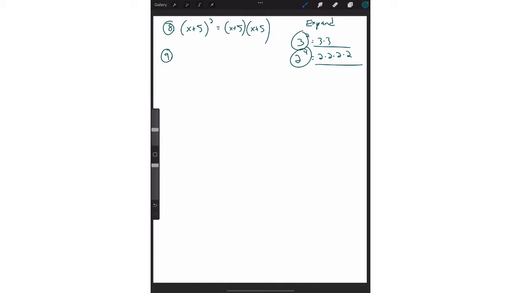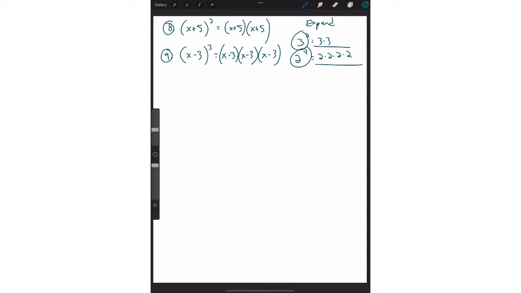So this is more of a review, just to remind you, hey, look, by the way, on number 9, if you take x minus 3 to the 3rd power, that's the same thing as writing this out, x minus 3, x minus 3, x minus 3, right? So I've expanded that out.